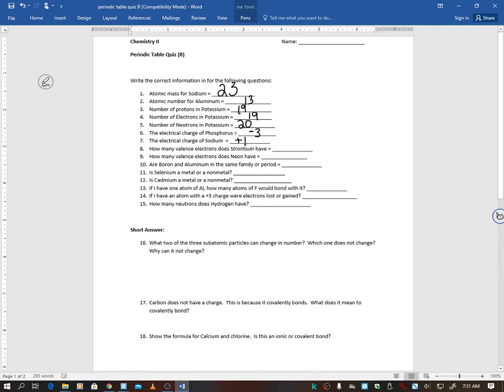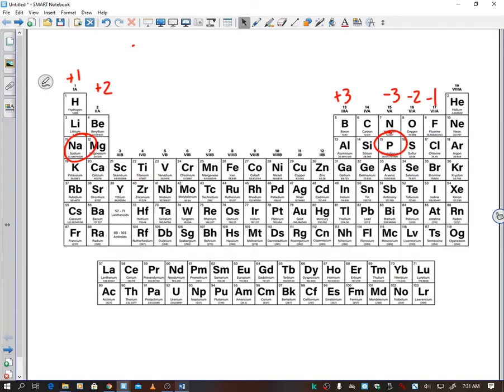Then we're going to look at valence electrons. We want to know how many strontium has and how many neon have. I also had you write at the top of your periodic table just numbers like this. That is how many electrons are in the outermost energy level, also known as valence electrons. Strontium right here has 2 valence electrons.